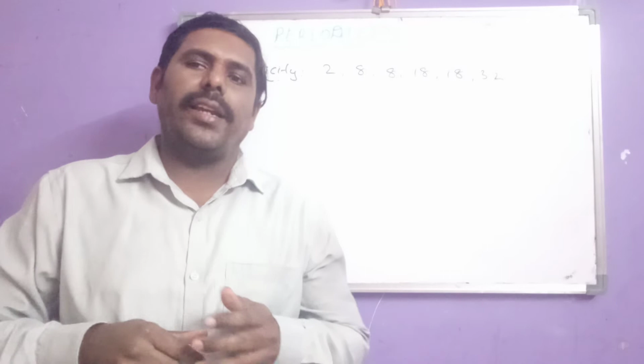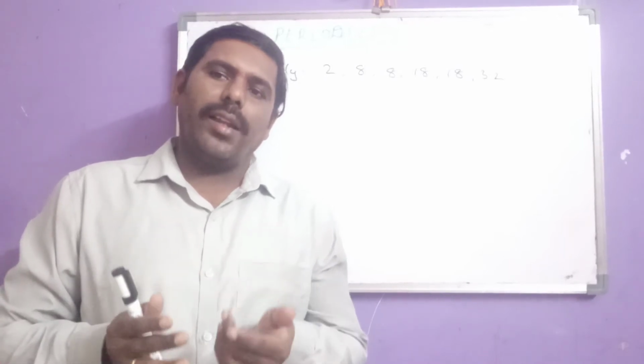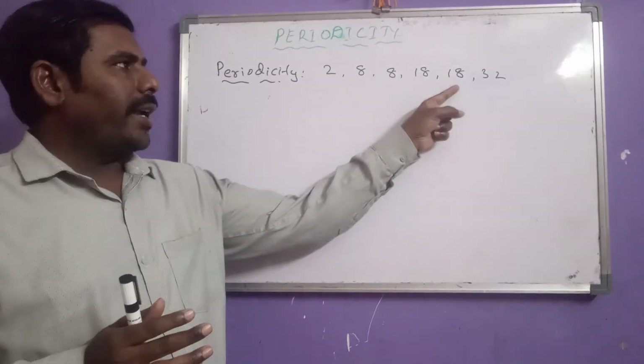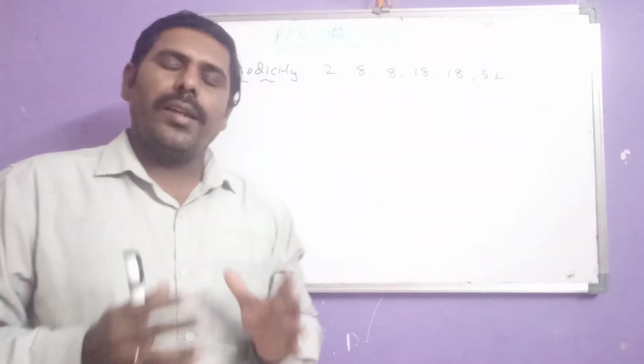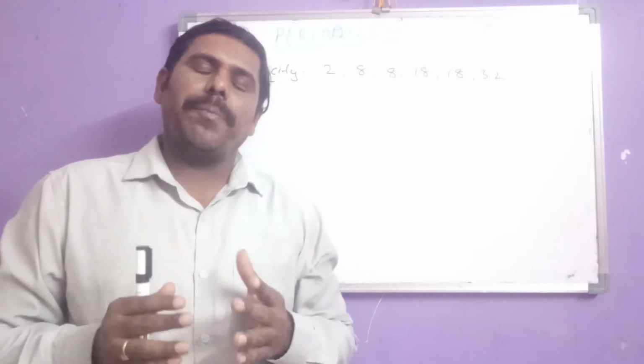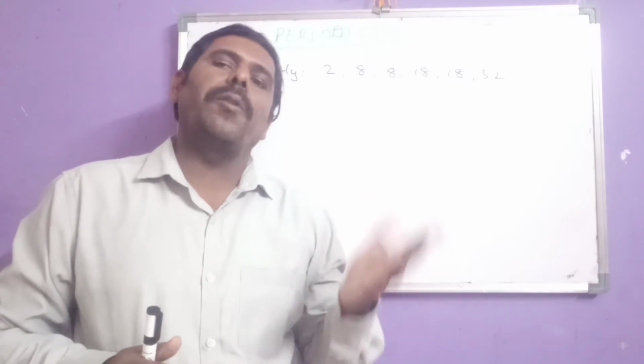So the repetition of properties at regular intervals of 2, 8, 8, 18, 18 and 32 in the periodic table is known as which one? That periodicity. Those properties are called periodic properties.